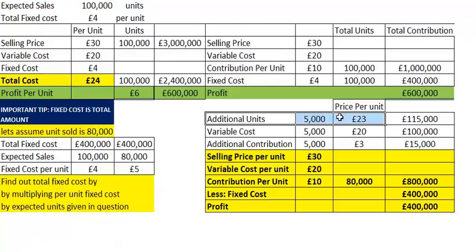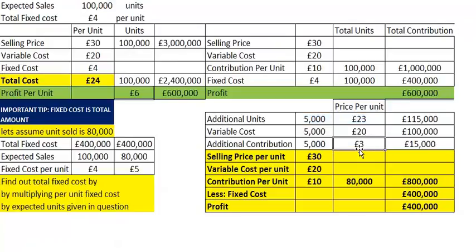Contribution per unit, as you can see, our additional units are 5,000 units. Price per unit is 23 pound. Our variable cost, you can see, is 20 pound per unit. Additional order of 5,000, each unit is contributing 3 pound.